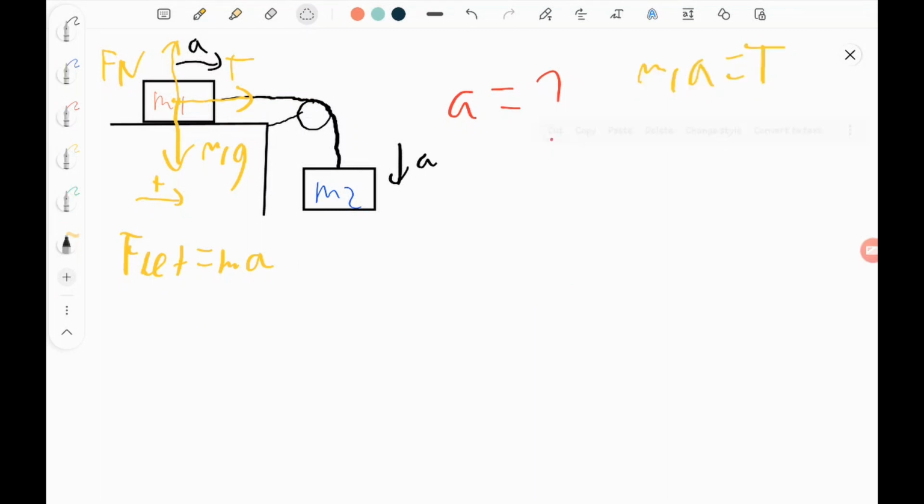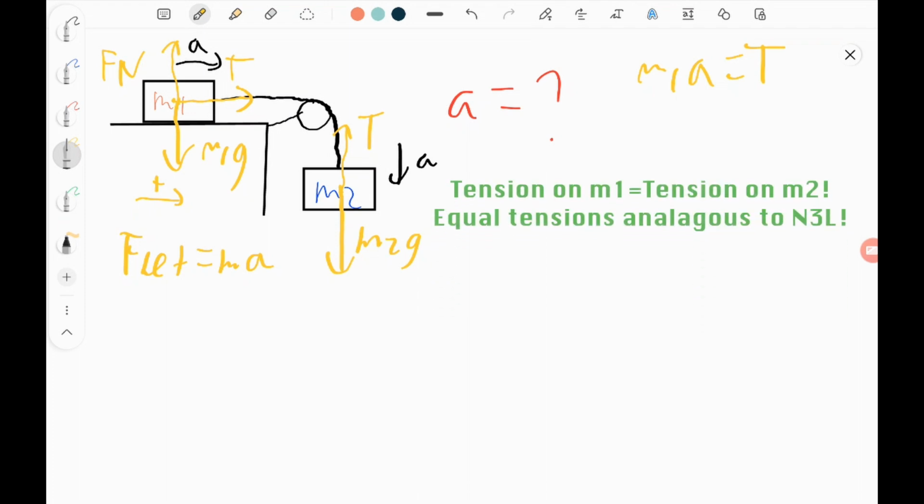Now let's have a look at block 2, and this is where things get a little bit tricky. Once again, there's a gravity force acting on block 2 because the Earth interacts with block 2. So block 2 has a downward gravity force of m2g. And the string, or the tension, is now pulling upward. So now there's an upward tension force, T. And keep in mind that both of these tensions, the one from m1 and m2, are equal.